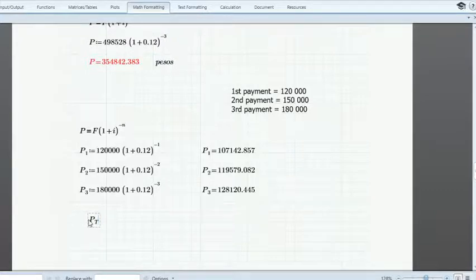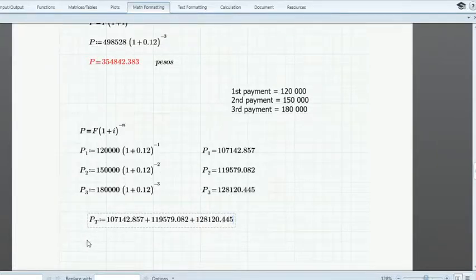So, PT is equal to, itong mga value na to, i-add natin. Plus yung 119,000, plus yung 128,000. So, tingnan natin kung ilan ang kakalabasan.